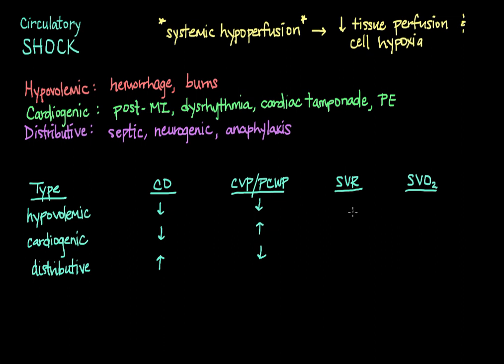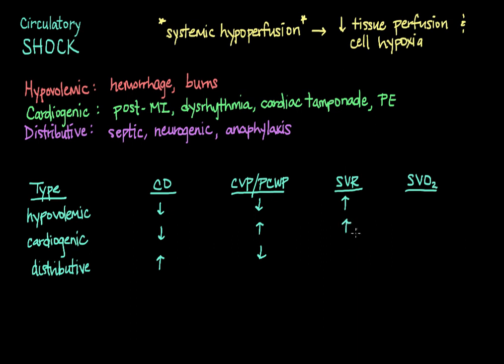So the SVR in hypovolemic shock is going to be increased due to the clamping down of all the vessels to keep tissues perfused. Now in cardiogenic shock, when the heart isn't effectively pumping blood forward throughout the system, again, pressure is going to fall, and then the vessels will clamp down in response to try to keep that pressure increased. So the systemic vascular resistance will be increased.